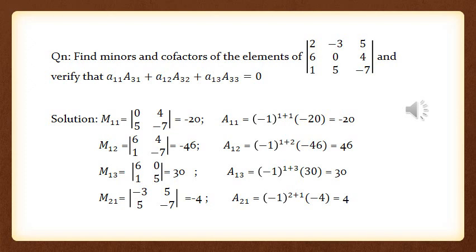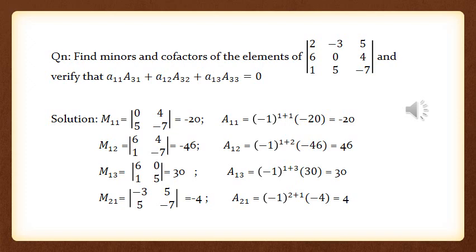Now, we have M11. M11 is the minor of the element 2, the first element of the determinant. This is obtained by deleting the row and column where this 2 lies. So M11 is equal to determinant 0, 4, 5, negative 7.